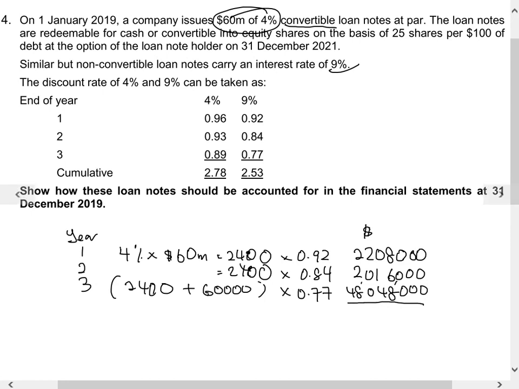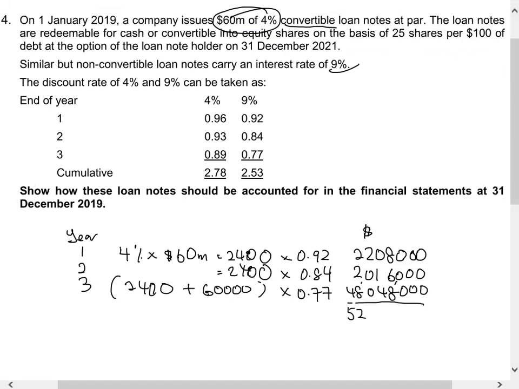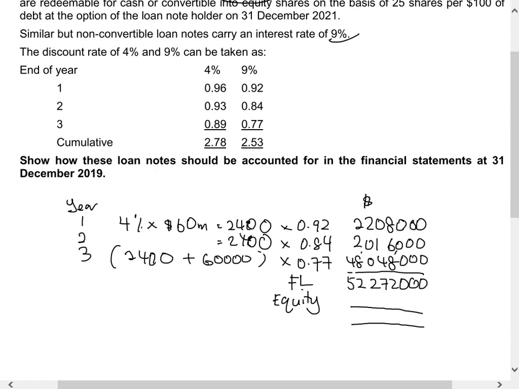Plus effective interest. 9% or 4%? Effective is 9. Why is 9 there?